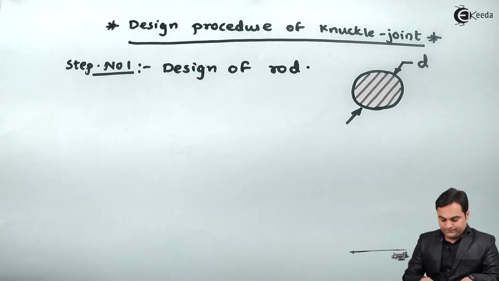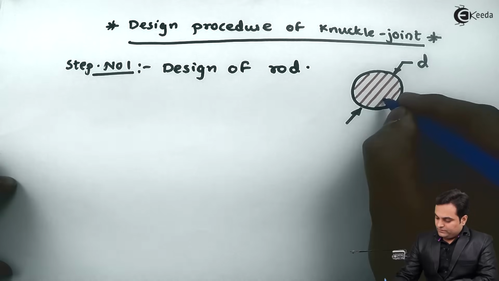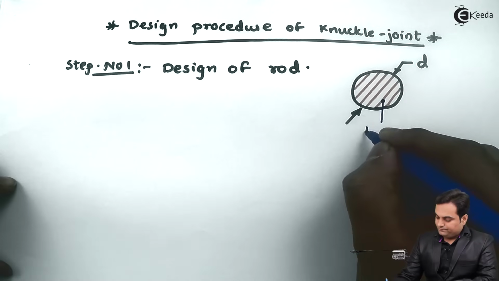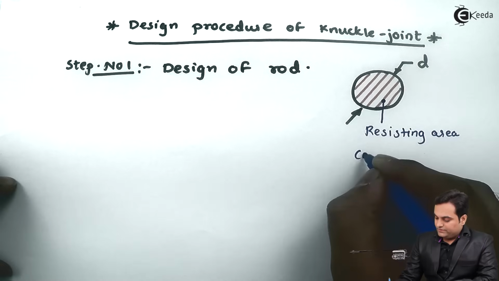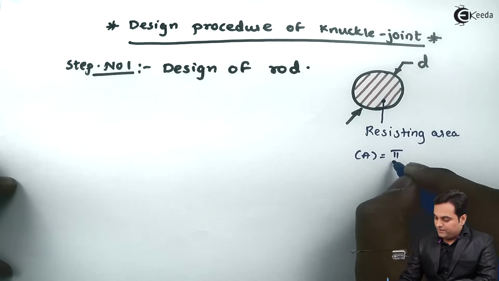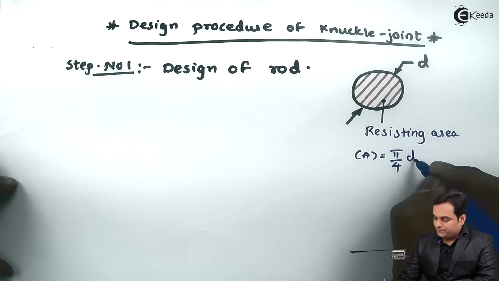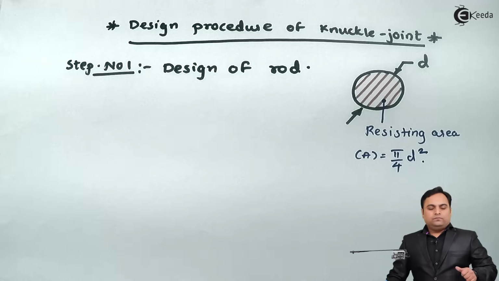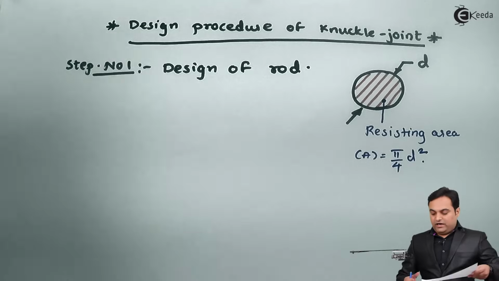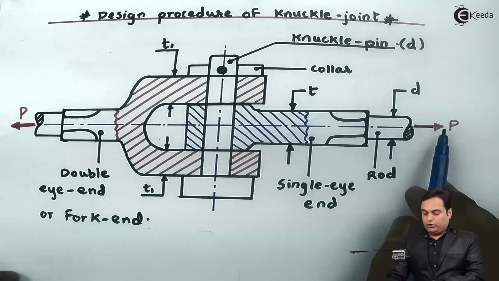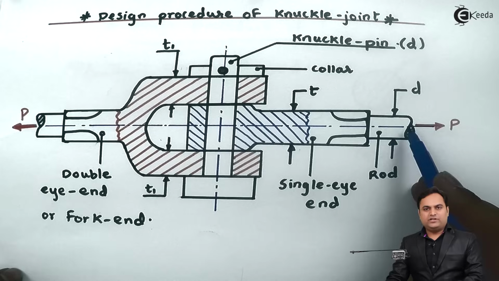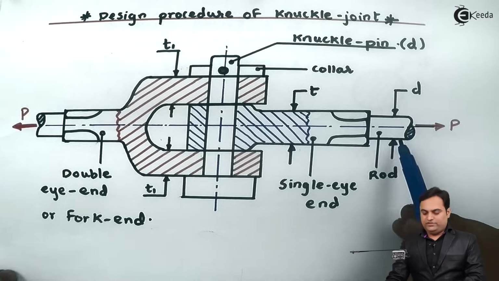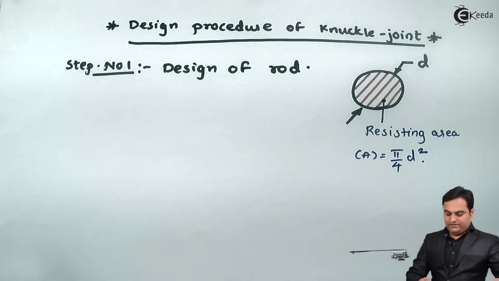Now this is the resisting area, and A is equal to pi by 4 d square, because when we are pulling this rod, the failure area which we will see will be in the form of a circle. d is the diameter of this rod. So here I have the resisting area.